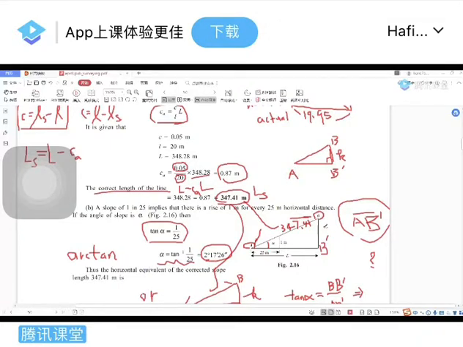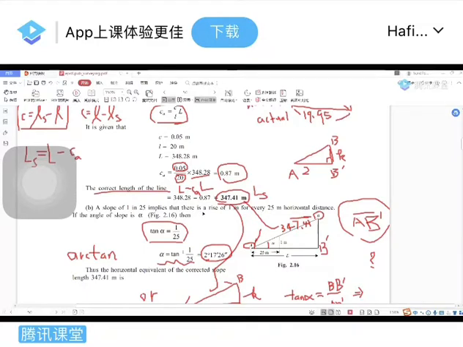The ratio between BB prime and AB prime is 25, because this one divided by this one is 25. So this one divided by this one is the tangent. Indeed, from the tangent already you can jump to a conclusion. If this is K, this must be 25K, because I already gave you the tangent alpha is 1 over 25.